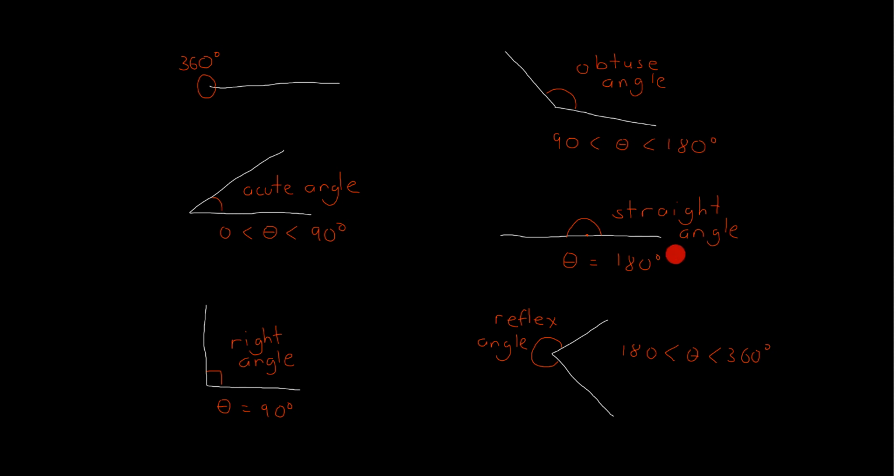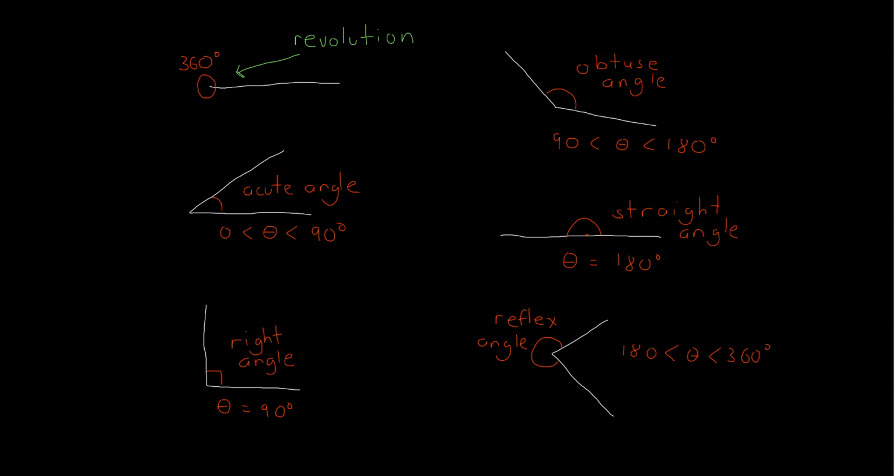A straight angle is exactly 180 degrees. And a reflex angle is somewhere between 180 and 360 degrees. And this 360 degree angle, sometimes we call it a revolution.